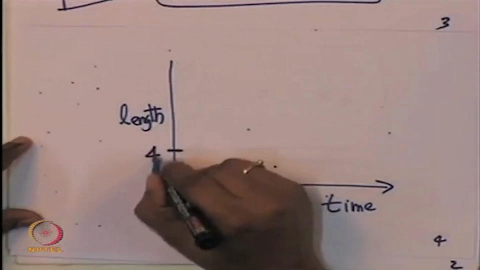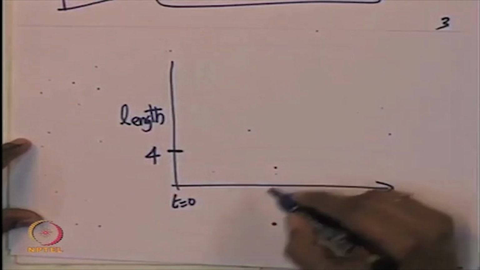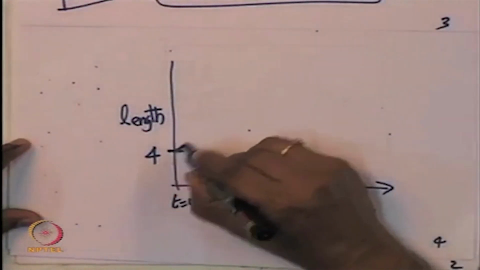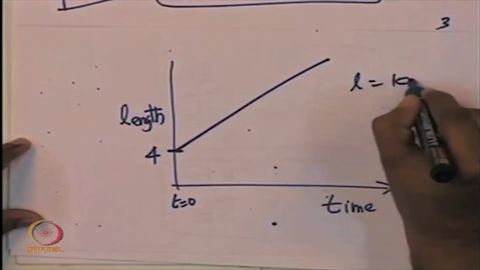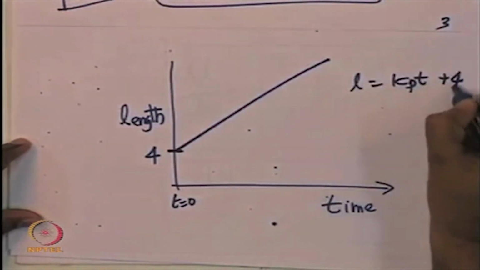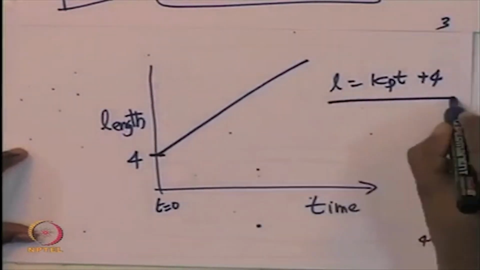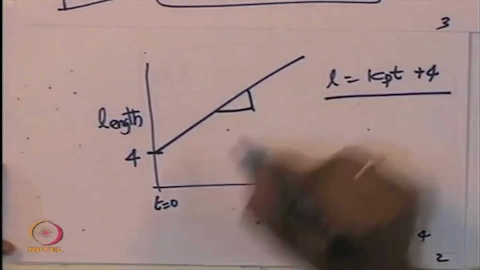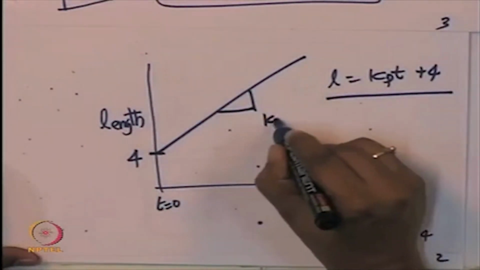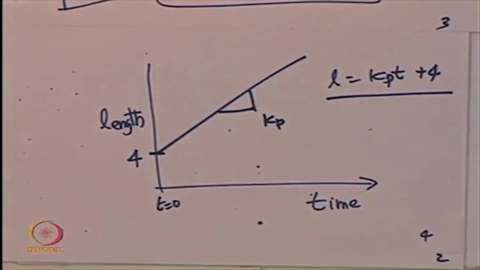So, this is 4, and as the time increased, the length increased like a straight line. So, we had L is Kp into t plus 4. This is the equation that we have plotted, where Kp is the slope of this straight line.